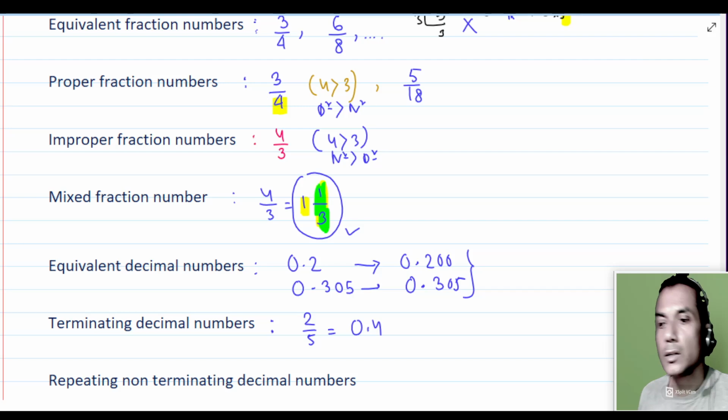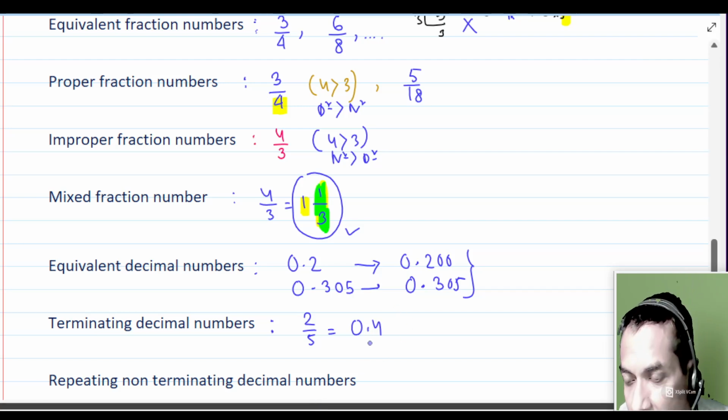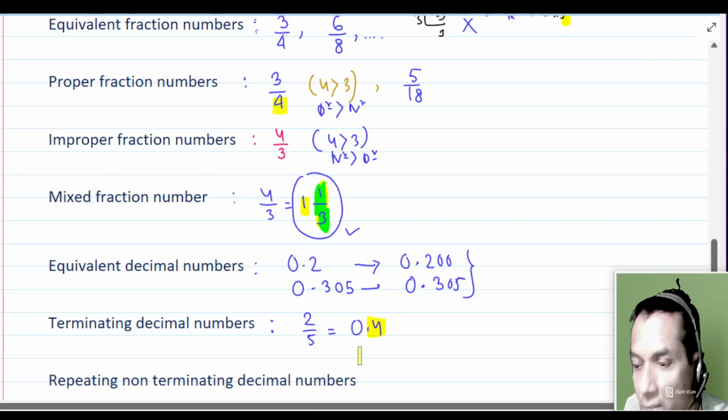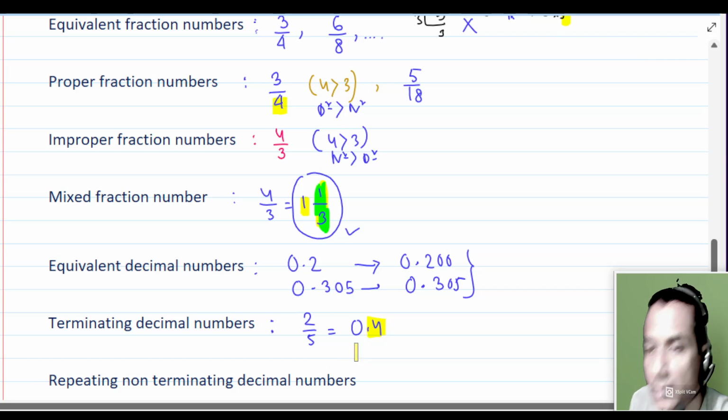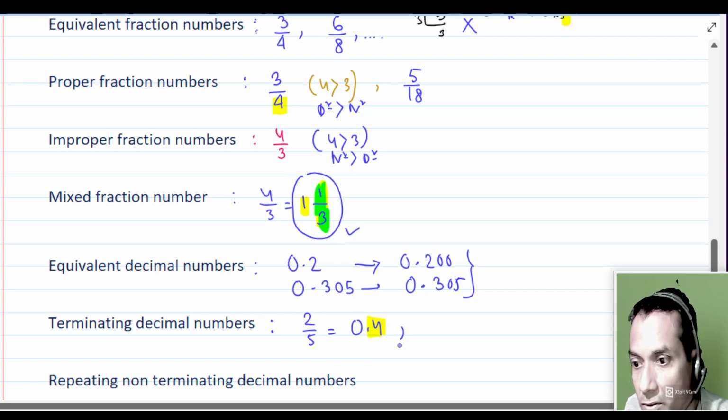So this is terminating, meaning after the decimal further division is not required. Clear? So these are all terminating decimals. Another example, 0.285 is also a terminating decimal, and all of them are rational numbers.